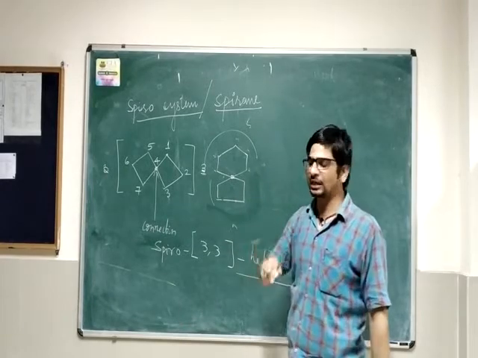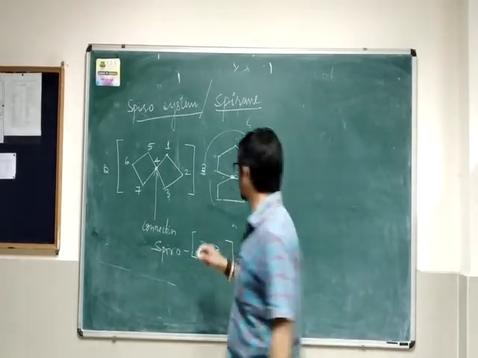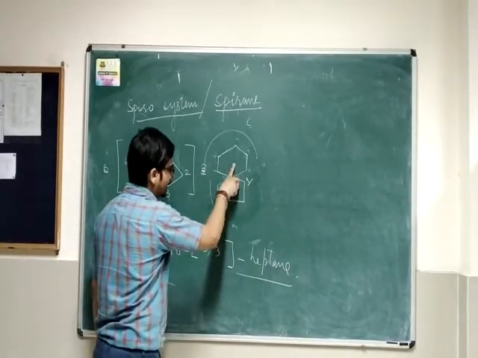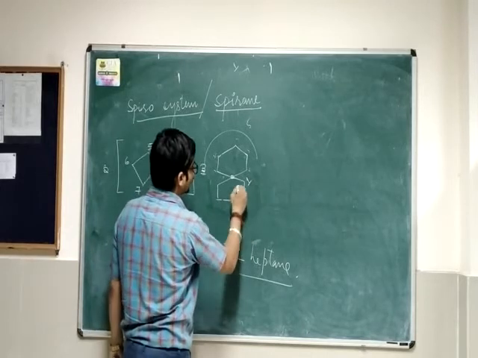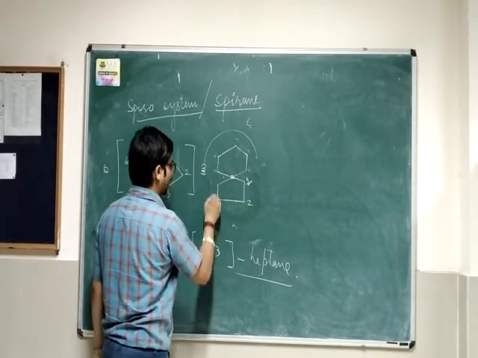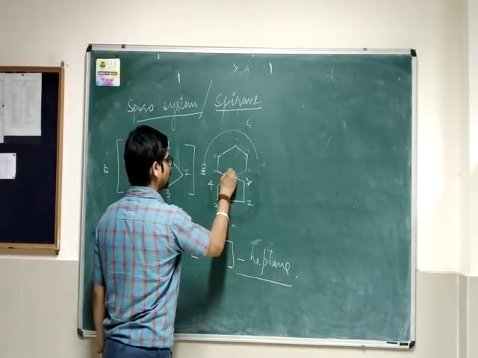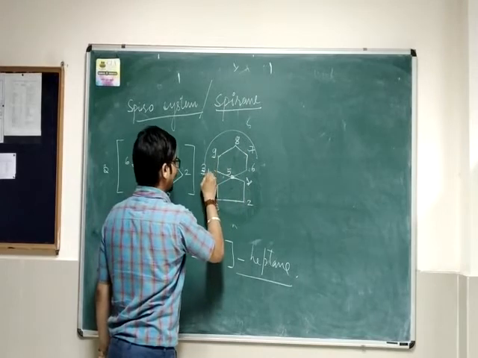So we will start the numbering from the shorter ring. This is a 6-membered ring, this is a 5-membered ring, the numbering will start from the shorter ring. So we will start the numbering from here 1, 2, 3, 4, then 5, 6, 7, 8, 9 and 10.